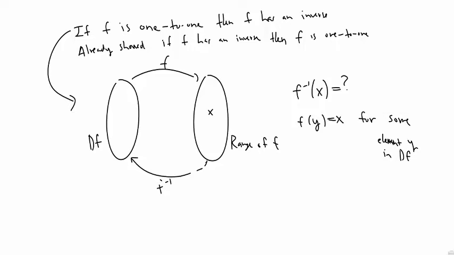And since f is 1-to-1, there can't be more than one input with output x. So we'll define f inverse of x to be y. And we can check that f and this function f inverse are inverses of each other.